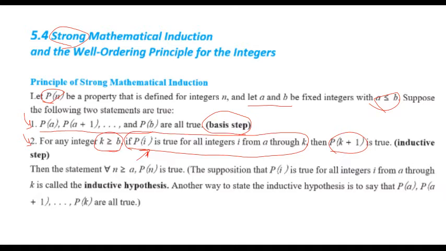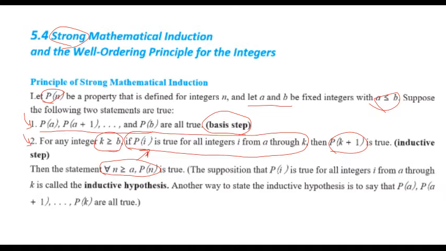Okay, so after defining the basis step and inductive step, if these two steps are true, then for every integer n greater than or equal to a, we can claim that P of n is true, and this claim is supported by strong mathematical induction.